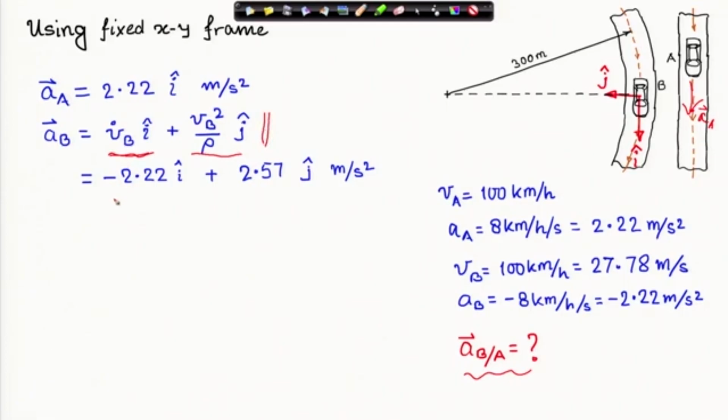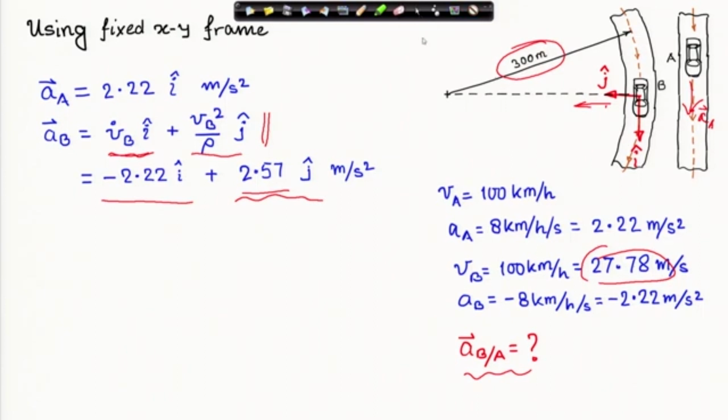Now, this tangential acceleration is minus 2.22 i cap because it is decelerating, and the normal acceleration arises because of its velocity on a curved path. So, VB square by rho, rho is given as 300 meter and velocity of B is 27.78. So, this square by 300, that turns out to be 2.57, and it is in the direction towards the pole or center of curvature. If you use the tangent normal coordinates, then it is towards the center of curvature.